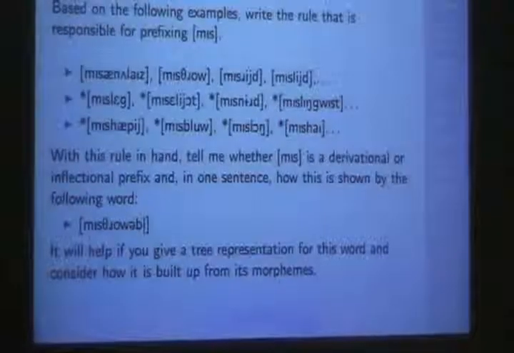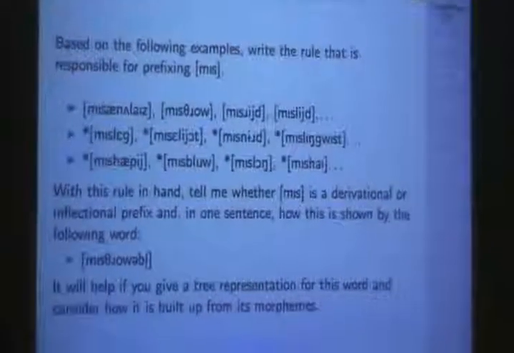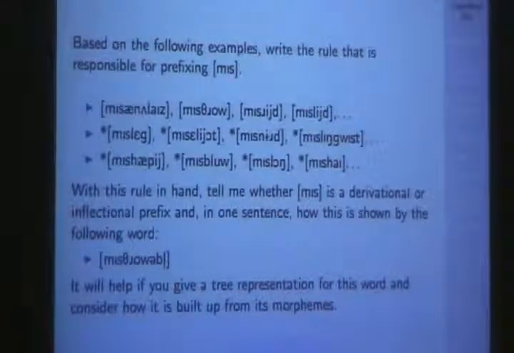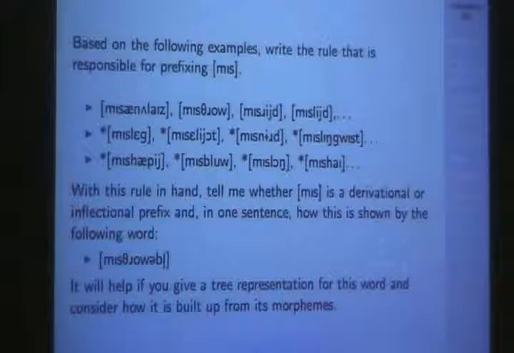Second question, I teach you a new morpheme, and I want you to tell me some things about it. The morpheme is this prefix, mis. And I give you here some lists of words that use this prefix mis, like misanalyze or misread, and so on.